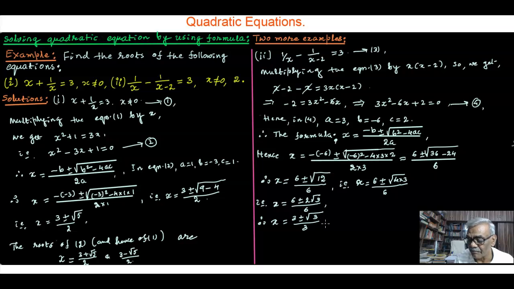So the roots are 3 plus root 3 by 3 or 3 minus root 3 by 3. This is the solution for the second equation.